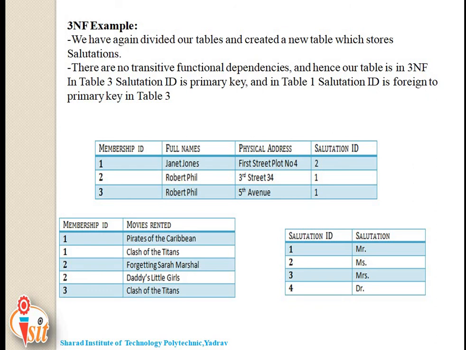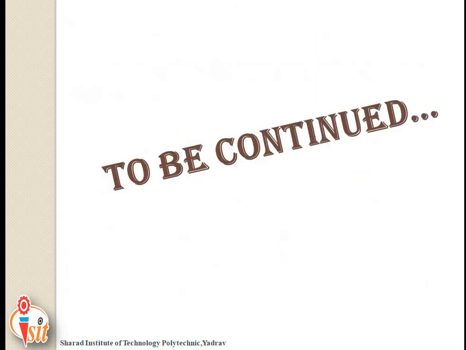There are no transitive functional dependencies and hence our table is in third normal form. In table 3, salutation ID is the primary key, and in table 1, salutation ID is the foreign key to the primary key in table 3. Okay, this is all about the third normal form.